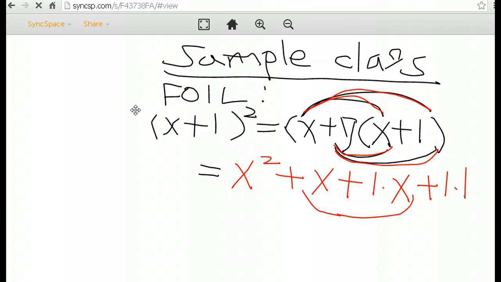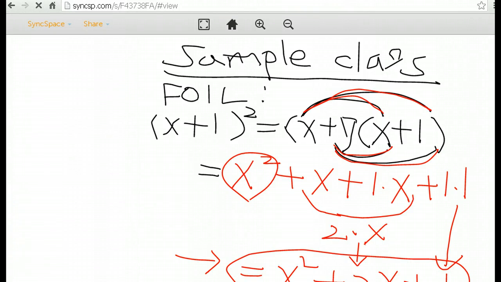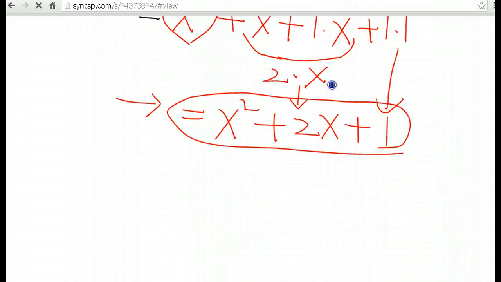There are 2 of x, so if you put them together, the whole thing becomes x squared plus 2x plus 1 multiplied by 1 is 1, and this is the final answer. Okay, so this first example is done.